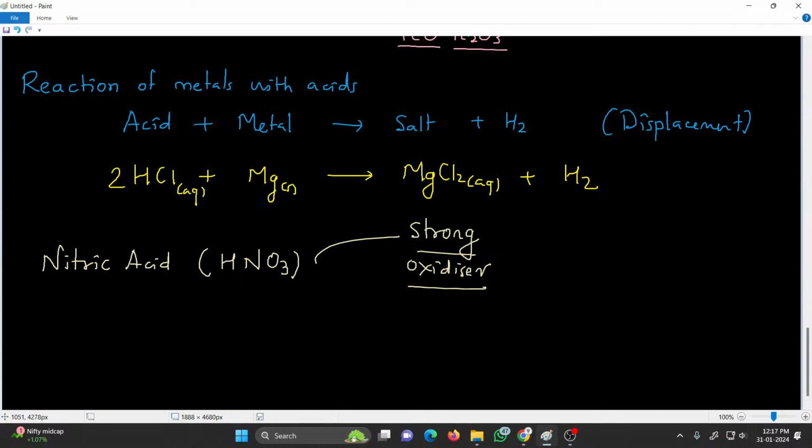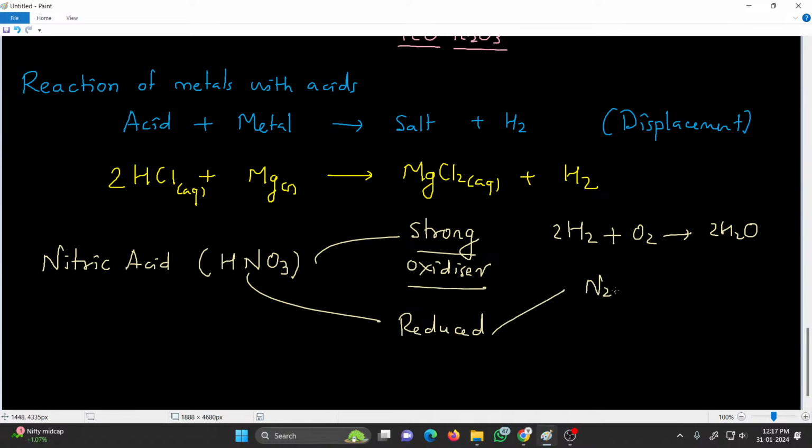As soon as the hydrogen gas forms in this reaction, it oxidizes hydrogen to water and nitric acid itself gets reduced to any of the oxides of nitrogen, N2O, NO or NO2, depending on the concentration of the acid.